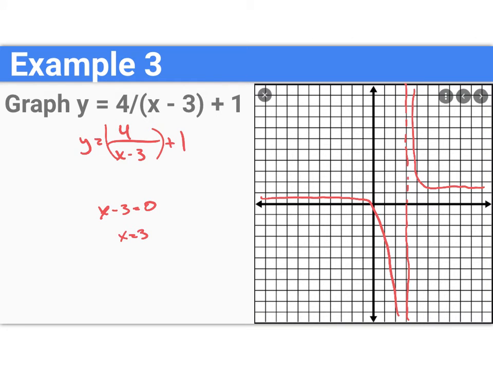So if any number is next to x added or subtracted, that makes a vertical asymptote. If some number is added to our rational expression, that makes the horizontal asymptote.